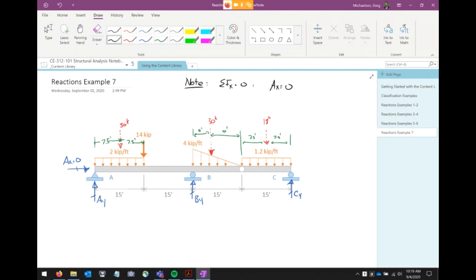Make sure that everybody recognizes that is the hinge. This problem has an internal hinge between B and C, right in the middle, where this triangular load and this uniformly distributed load meet. So maybe I'll fill that in here.